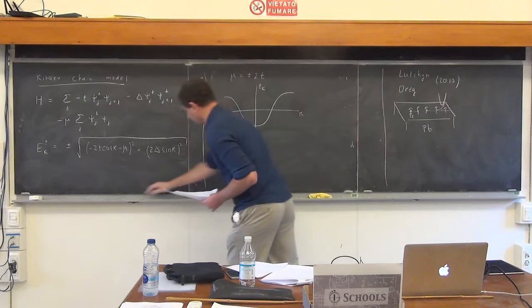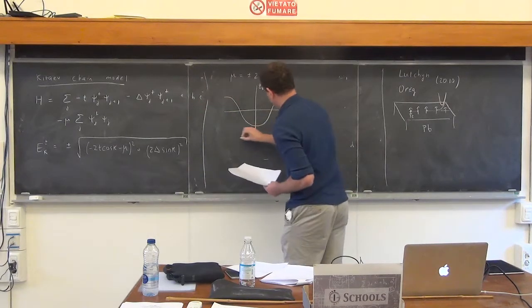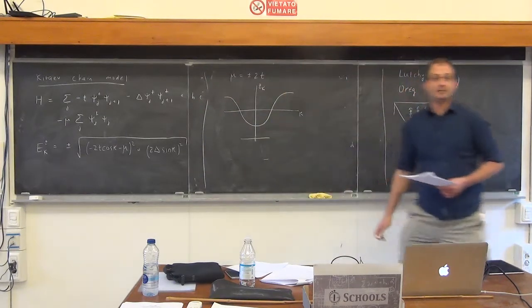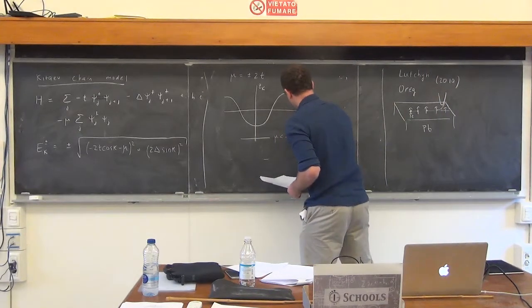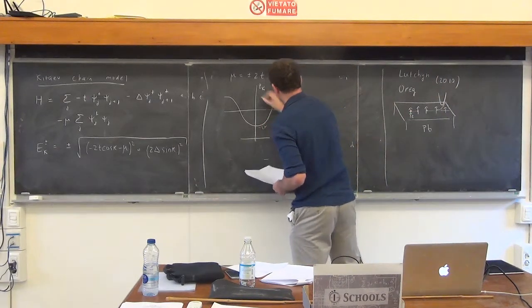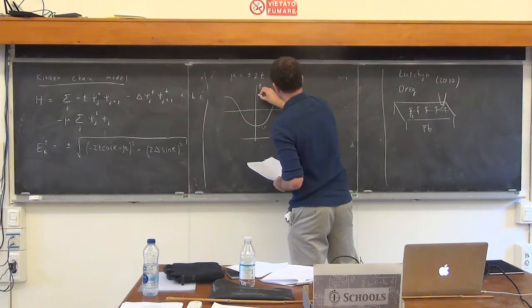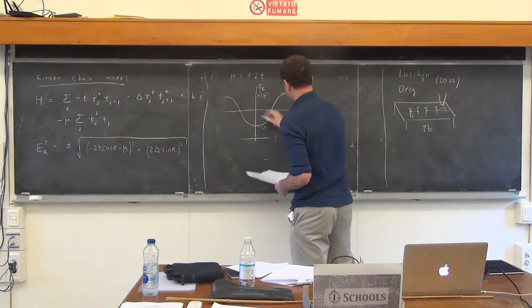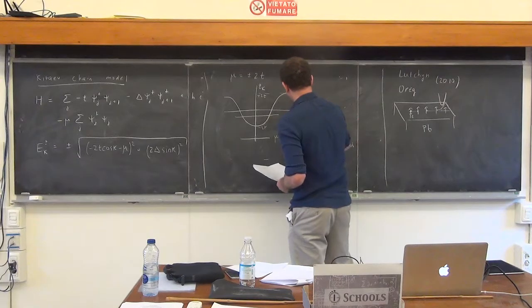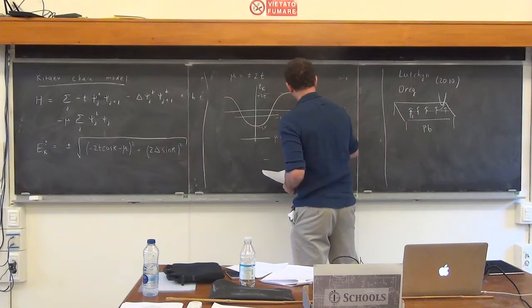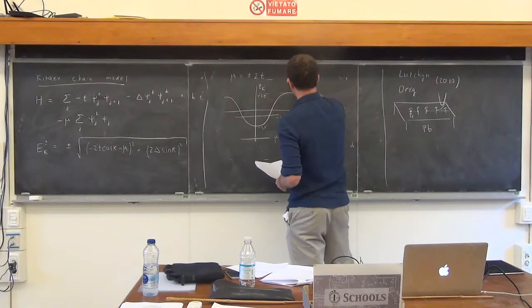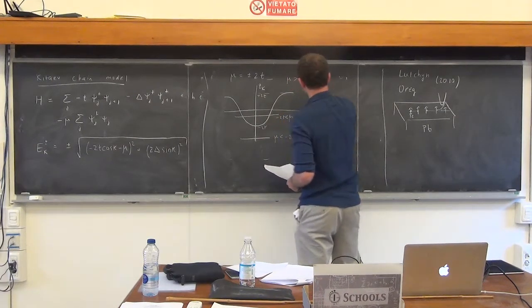There are three gapped ranges of the chemical potential: mu less than minus 2t, mu in the intermediate range between minus 2t and plus 2t, and mu above 2t.